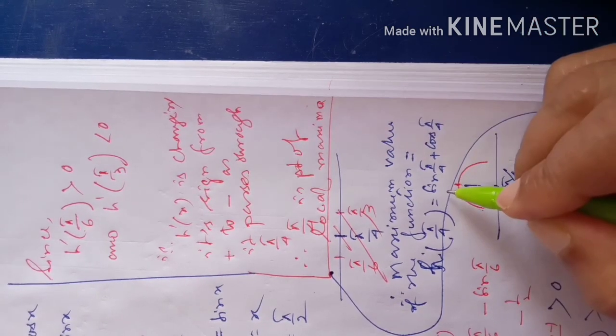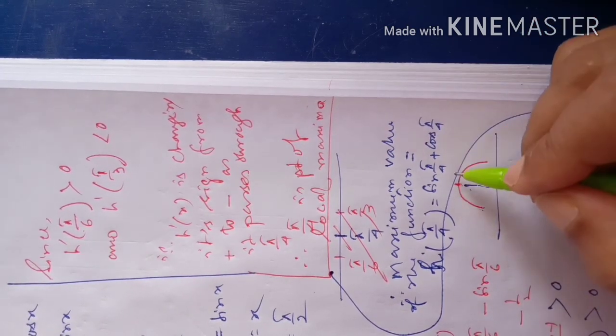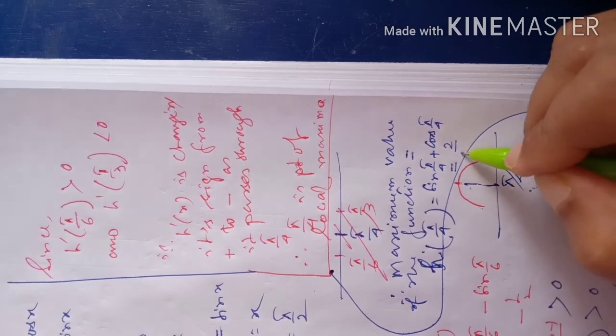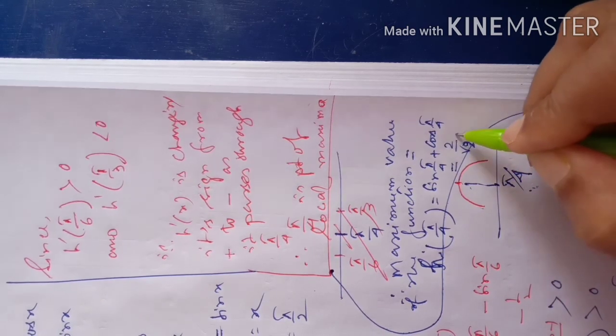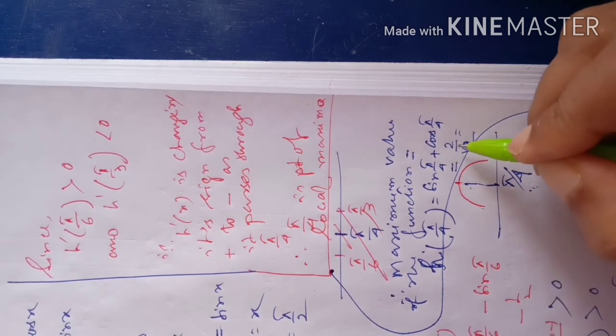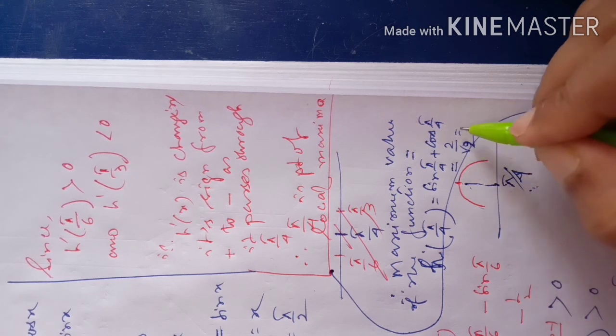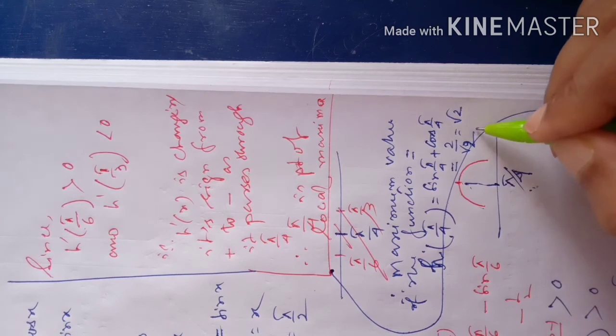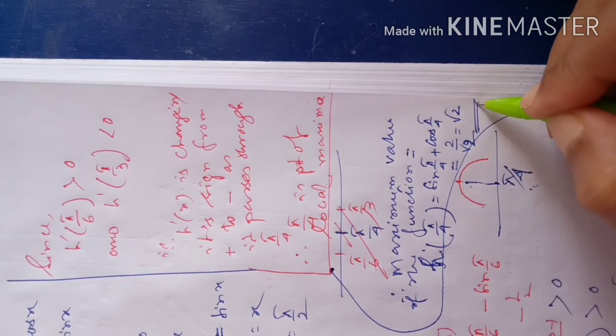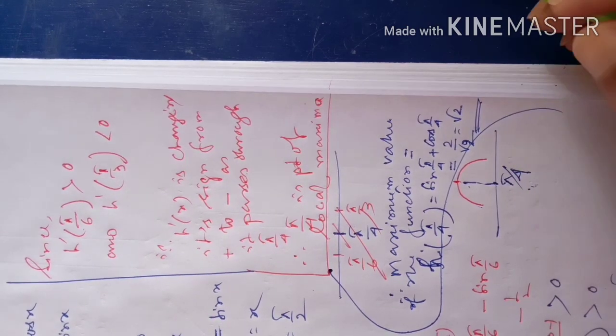Sin pi by 4 is 1 by root 2, and this is also 1 by root 2. That means it will be 2 by root 2. If you multiply numerator and denominator by root 2, it will be 2 root 2 by 2. The 2 will get cancelled, and it becomes ultimately root 2. So this is the maximum value of the function.